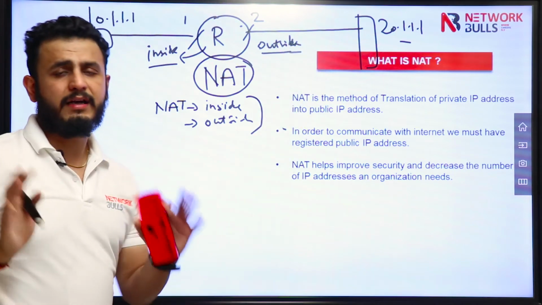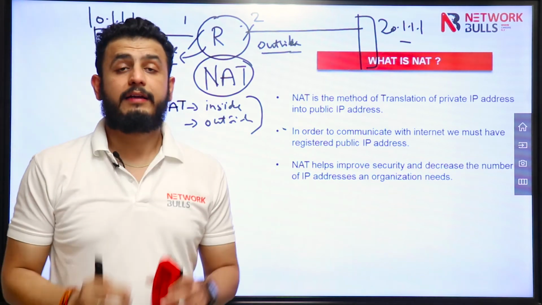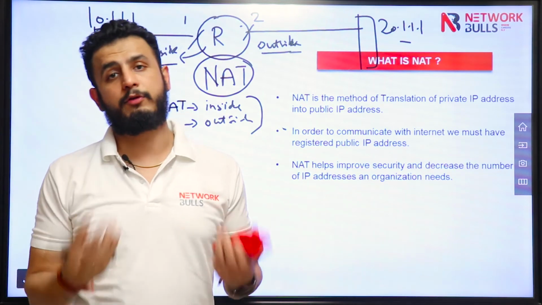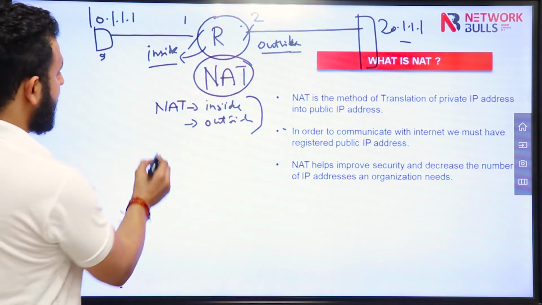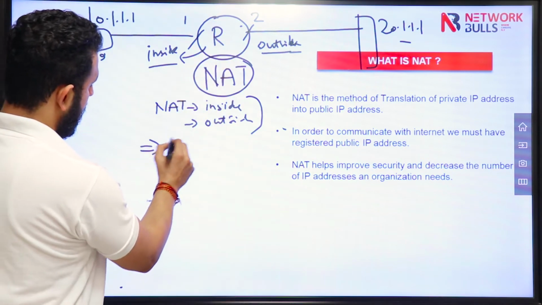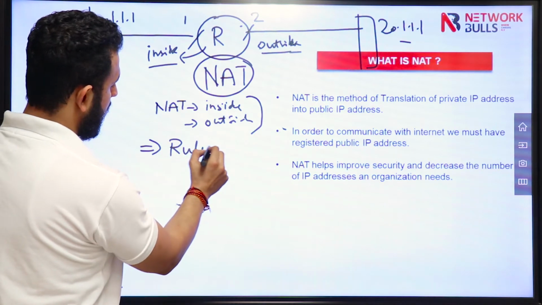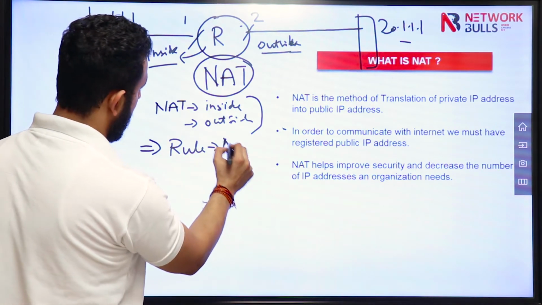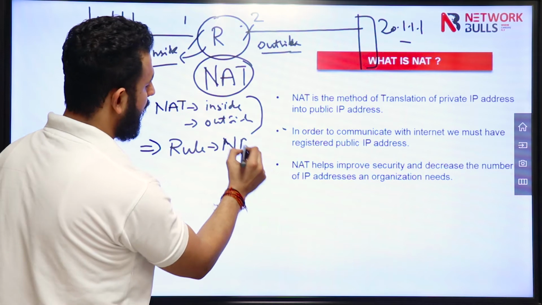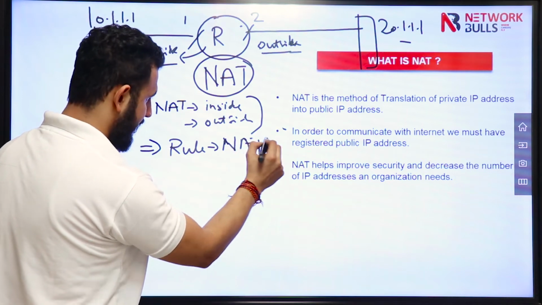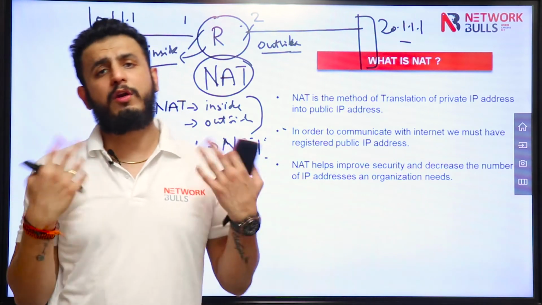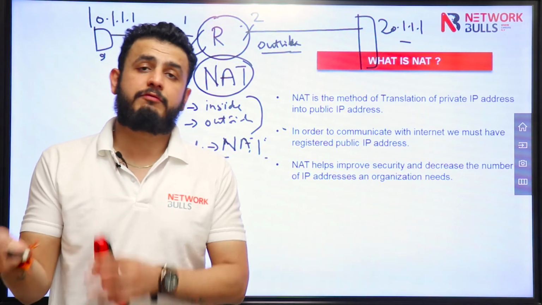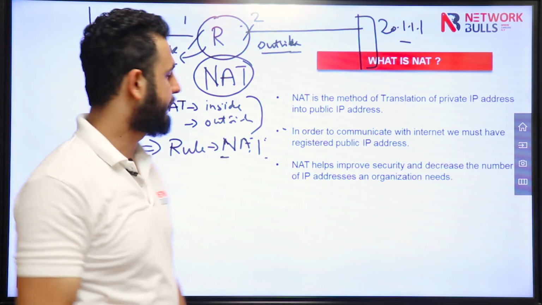First of all, we will understand the flow of NAT, then we will discuss different types of NAT. For example, on this router you have created a rule. We call this rule a NAT rule. A NAT rule is configured on each and every device on which you want to perform NAT, because that rule defines which IP address will be translated into which IP address.